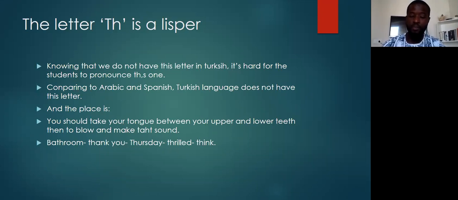That's why you have to practice this a lot, okay? And we have, for example, Thursday, TH. And we have the word thrilled, TH, okay? And we have also the word think.